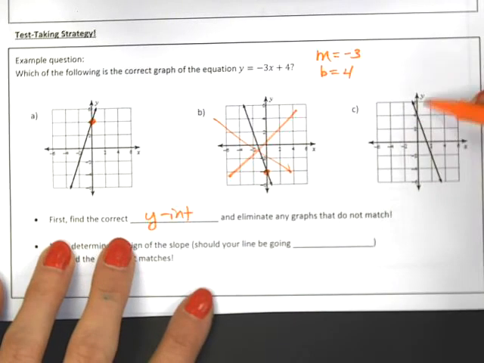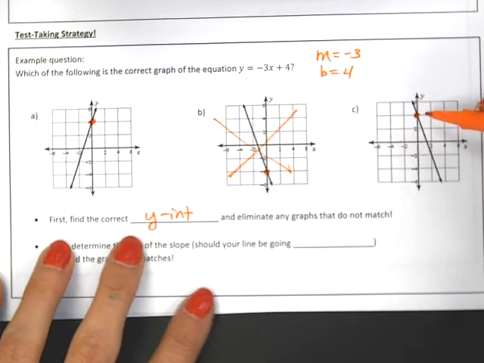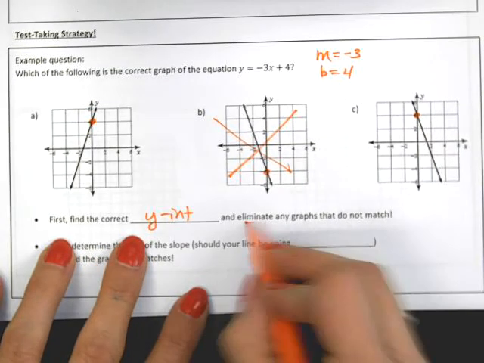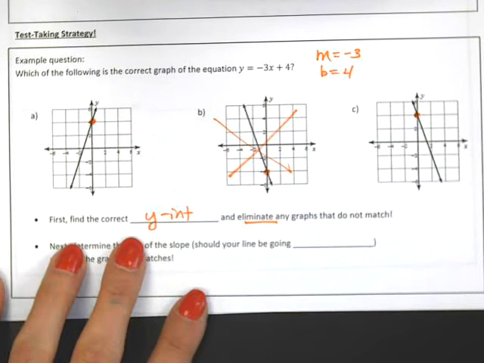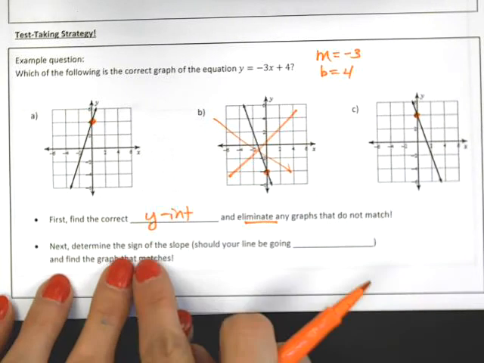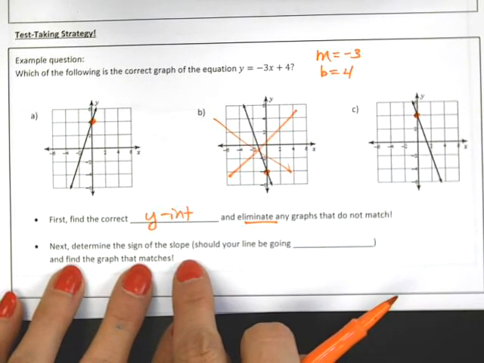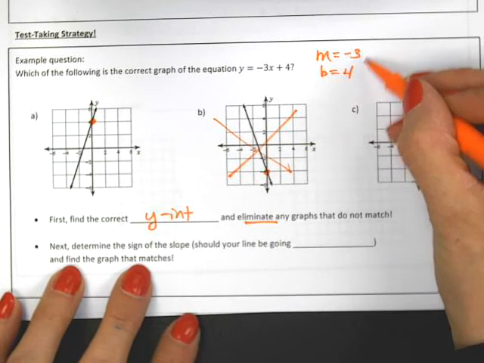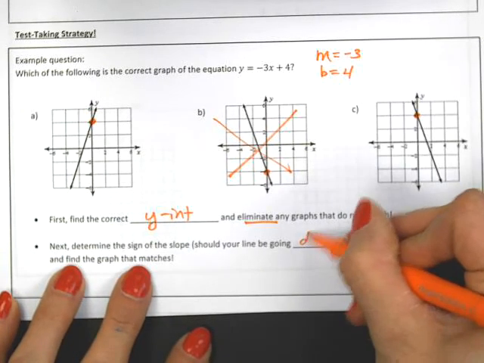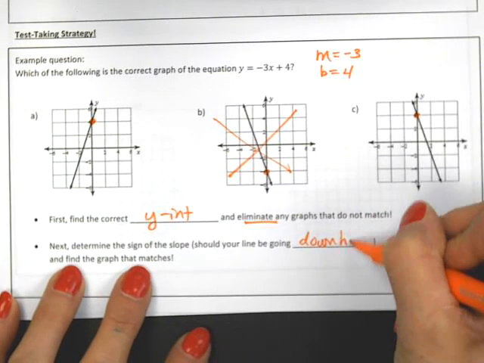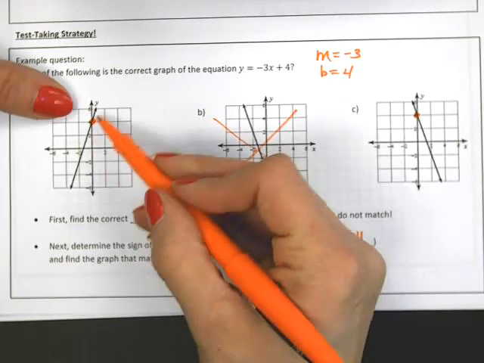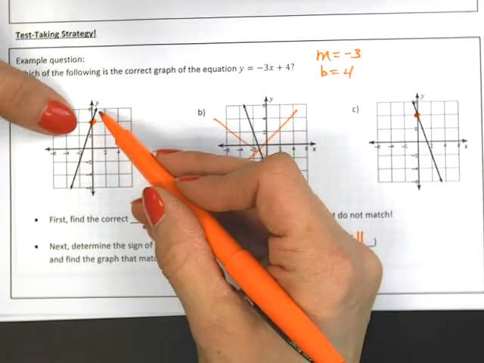Let's look at C. Could this be the correct graph? Maybe. That is the correct y-intercept. Eliminate any graphs that don't work. Next, determine the sign of the slope. Our line, since it has a negative slope, should be going downhill. So I don't think this is the right line because this one's going uphill.